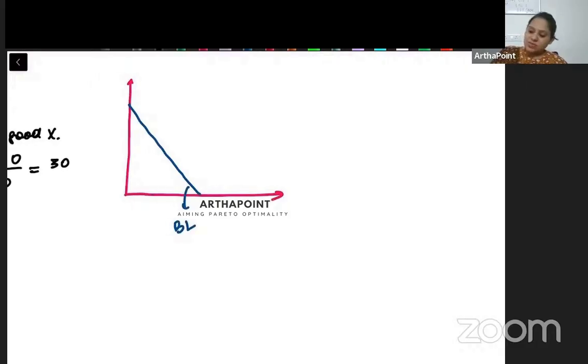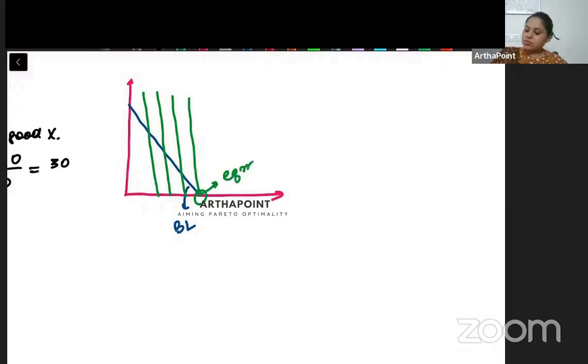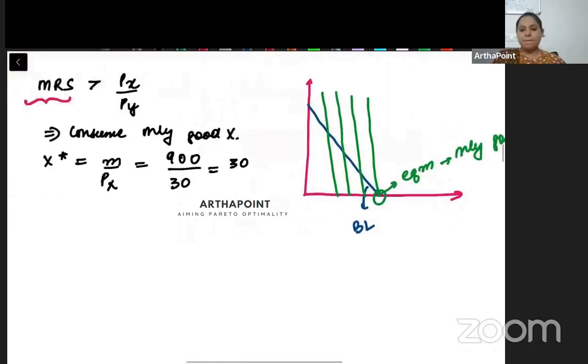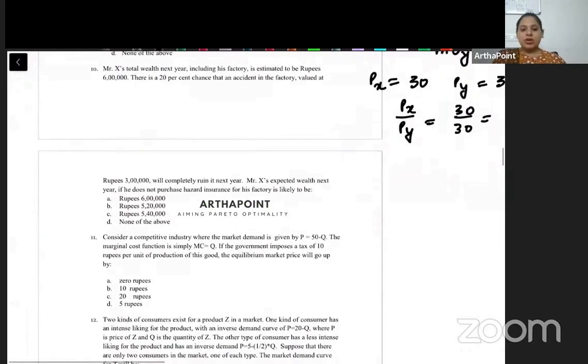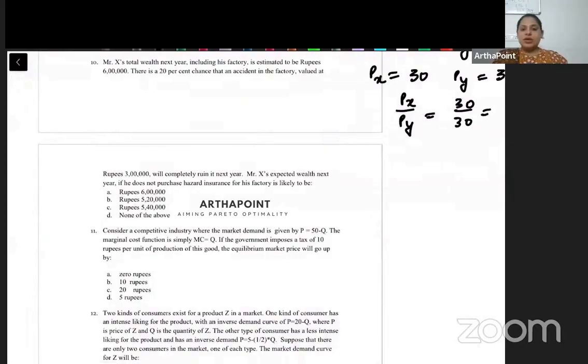So IC looks something like this. Steeper. So what is the highest IC you can reach? Here. This is your equilibrium, where you consume only good X. Okay. This is the answer to your question. Okay, come to the next one.